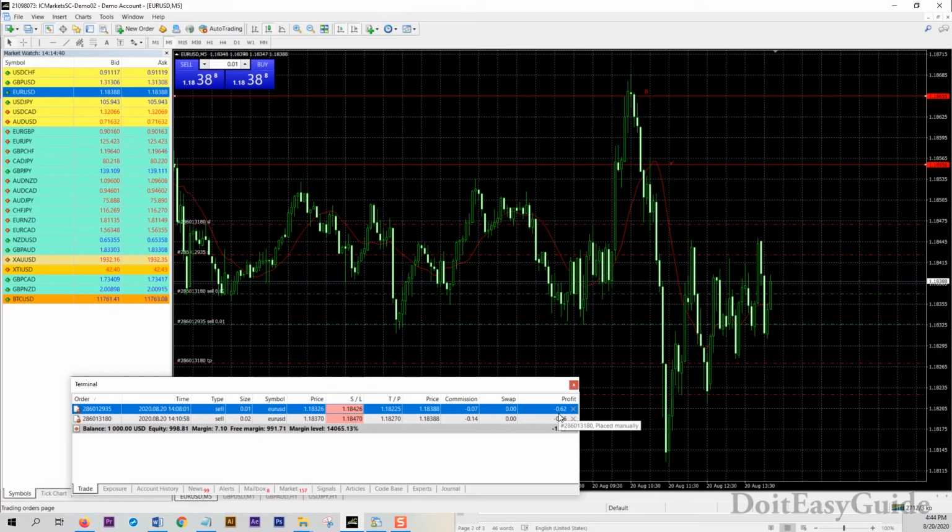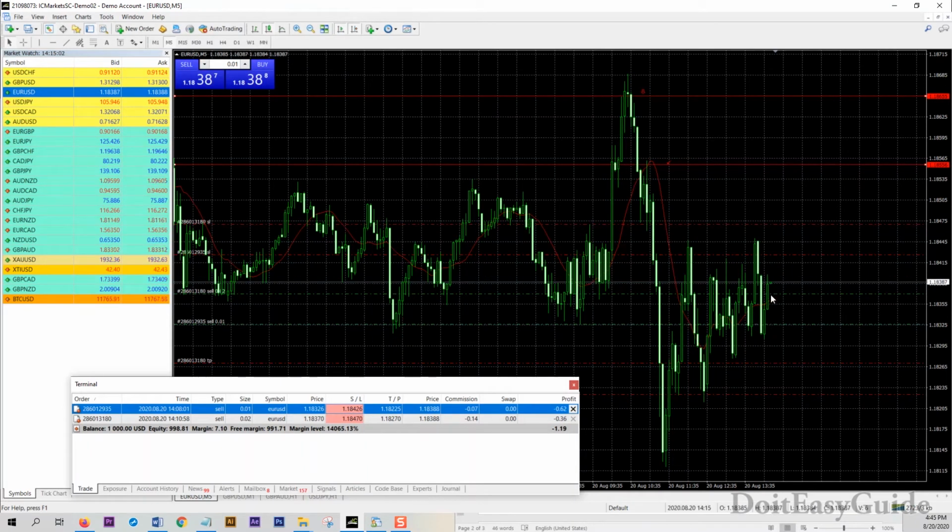If it goes down, we will have profit either way, right? And you can see here the background gets red if the price gets too close to the stop loss area, indicating it's going to hit your stop loss. Okay, all right.